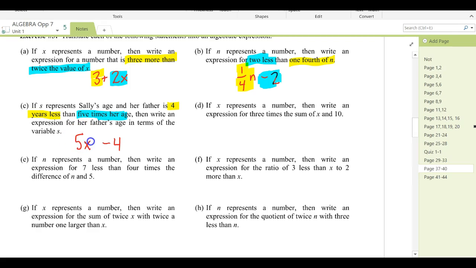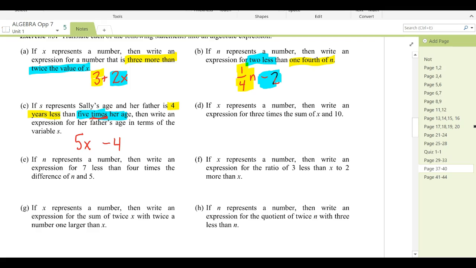Don't we use the synonym times to mean multiply? Times is right there. So when I do 5 times or 7 times or 4 times, that means multiply. We're not solving anything. We're just translating from English to math.